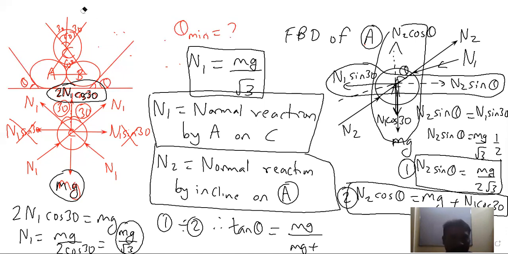So N1 is mg by root 3 into cos 30, sine 60, which is root 3 by 2. So this root 3 cancels, and we get this answer here. So for tan theta, it will come out to be 1 by 3 root 3. So our answer to this question is 1 by 3 root 3. So the correct answer is option C for this question.